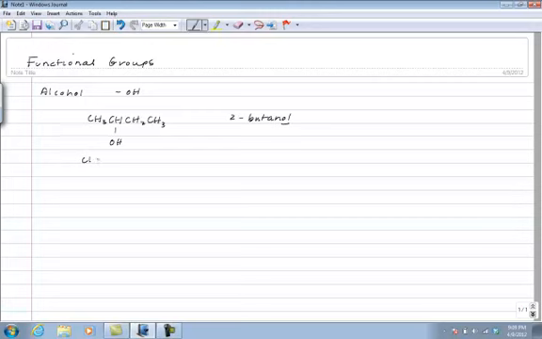Another example of a halogen that could be part of an alcohol group might be this one. I might add the Cl there so you can see it. So not only do we have the OH, or the alcohol group, but we have this Cl happening. You know from this section right here, this is a 3-carbon chain. So this is a propanol, and it's a 1-propanol because the OH is off of carbon number 1.